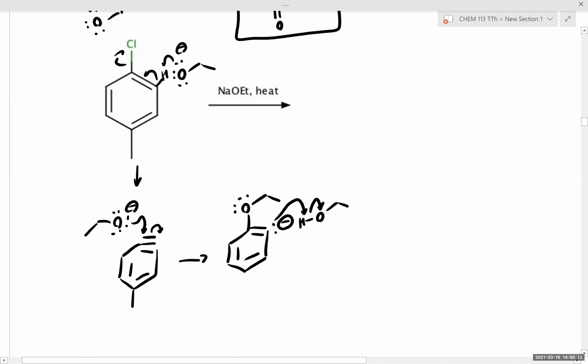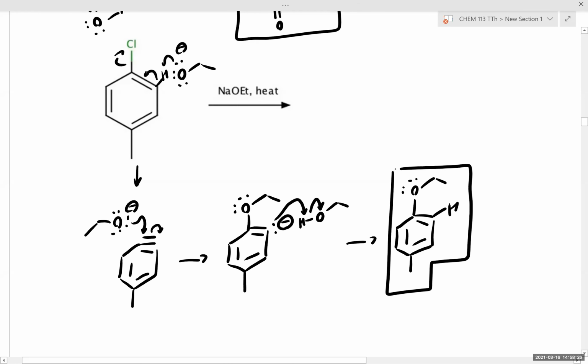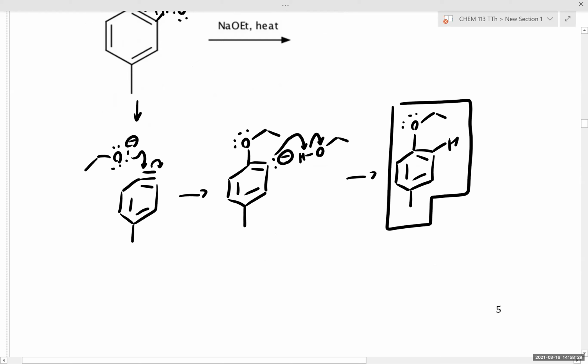And then that quickly pulls off a proton from solvent or another even remotely basic molecule to regenerate our product. We also observe the other regioisomer as another major product, derived from attack at the other position. Does this example make sense to everyone?